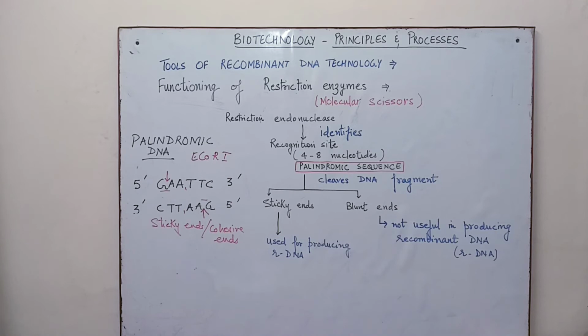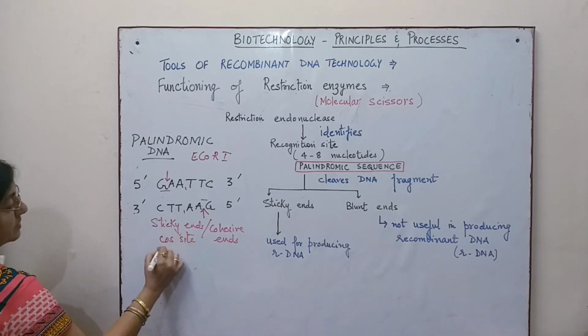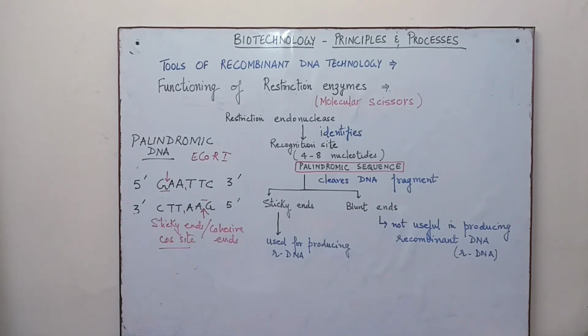Now, these sticky ends, cohesive ends or cos sites, all these terms we are using for the same thing, when the palindromic DNA is being cut. These sites are used for the formation of recombinant DNA.